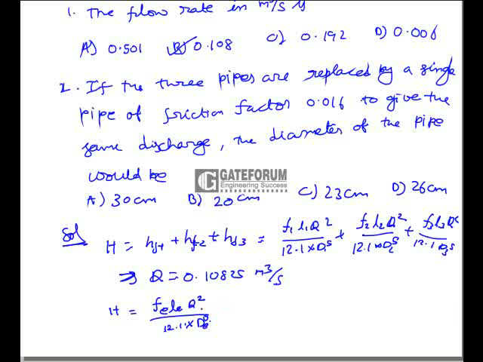Now substitute the discharge into this equation, where FE and LE are given values. The equivalent length is the total length of the three pipes, that is 200 meter plus 150 meter plus 300 meter. From this equation you can find out the equivalent diameter, which is equal to 0.232 meters or 23.2 centimeters. In the options, the right option is C. C is the right answer.